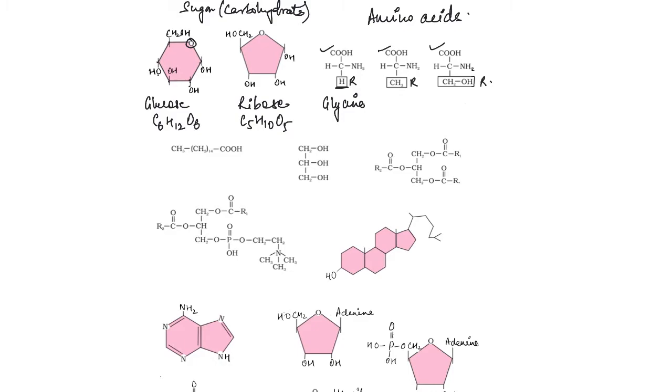If there is a CH3, a methyl group, it is alanine. If it is a methyl alcohol group, it is serine. So you can see as the R group changes, you have different amino acids formed.